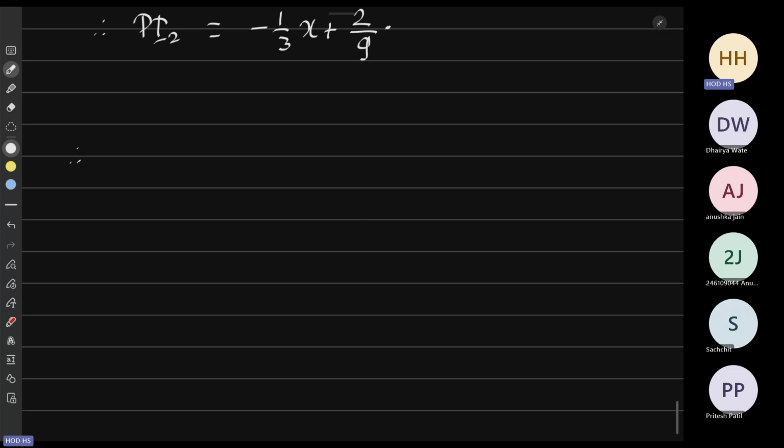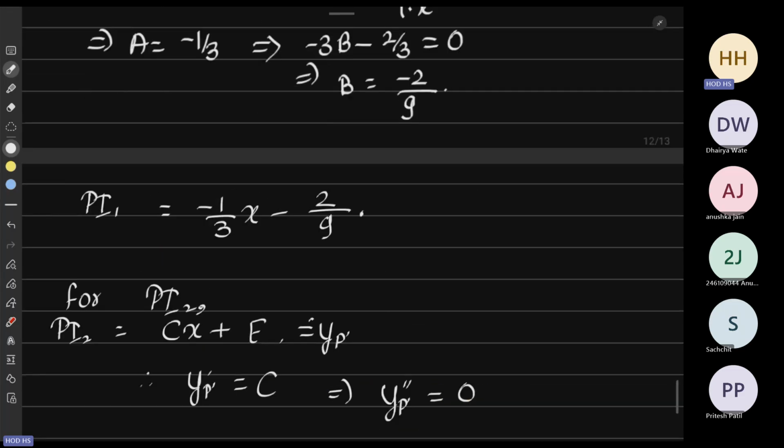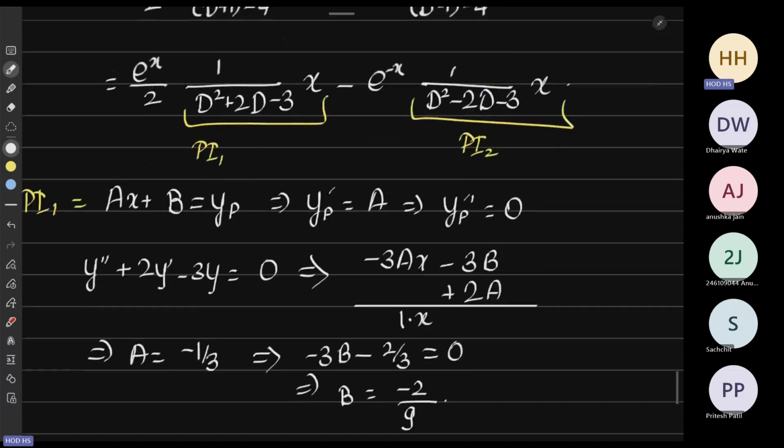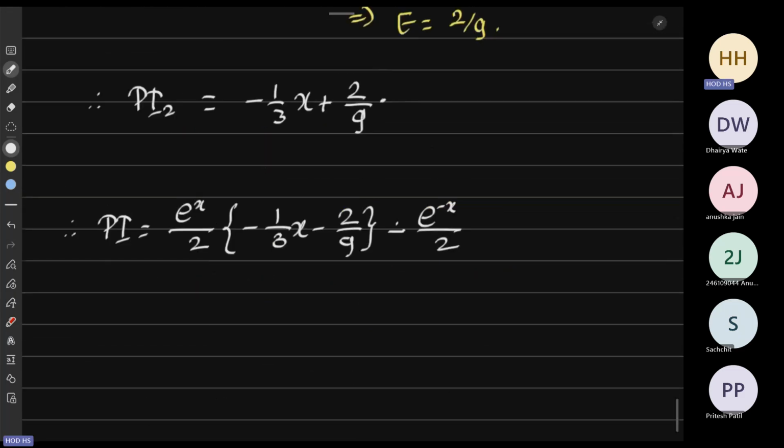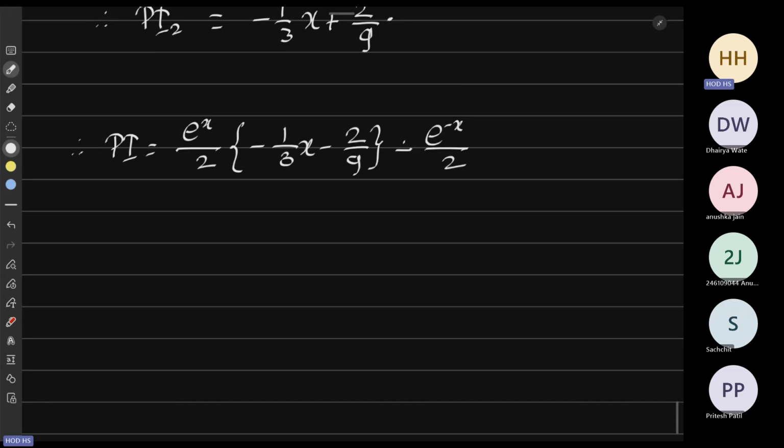So therefore, my complete particular integral is e to the power x by 2 times minus 1 by 3x minus 2 by 9, and there was a minus sign in between, right? Yeah, minus sign.